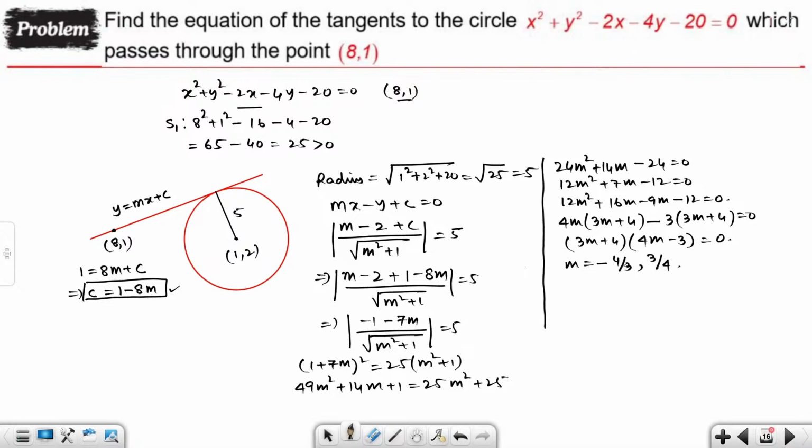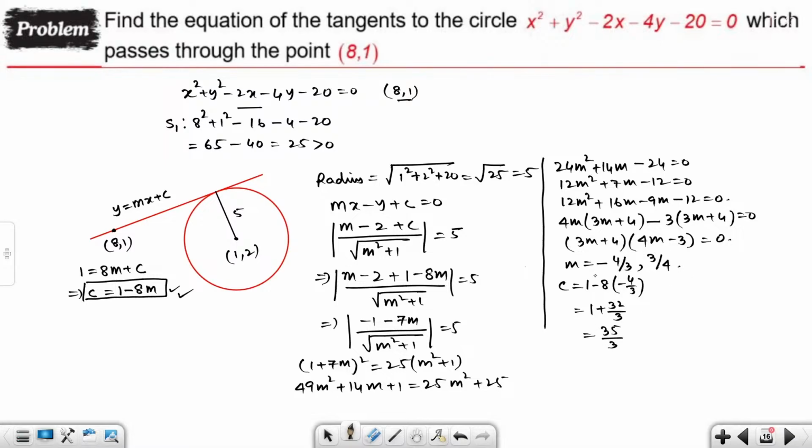So when m is minus 4 over 3, from this equation we are going to have the value of c as 1 minus 8 times minus 4 over 3. So that gives us 1 plus 35 over 3, correct?